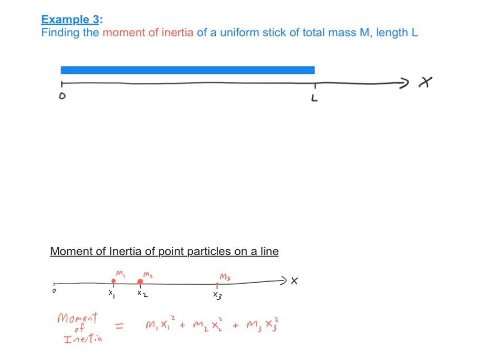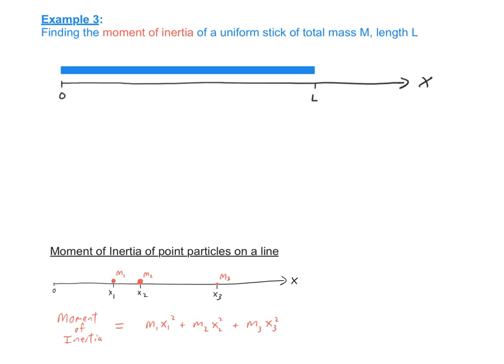So here's the idea. Suppose I have a bunch of particles lined up along a line here, and here I have the first particle of mass m1, whose horizontal position is x1, another particle, mass m2, whose horizontal position is x2, a third particle, mass m3, whose horizontal position is x3.